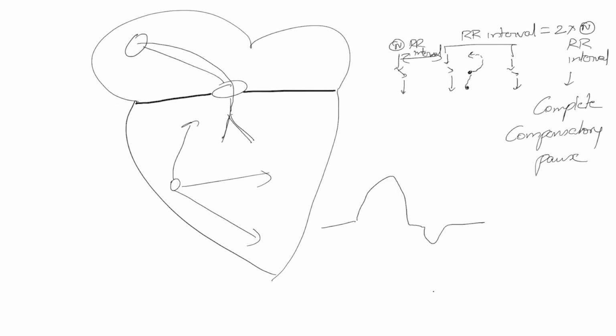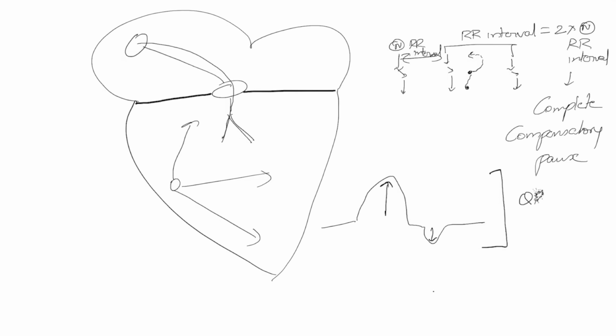Now, one thing we've talked about in the past is that usually the QRS and T waves are in the same direction. However, when a beat originates from the ventricle, one thing to keep in mind is that if the deflection of the QRS is upwards, then the ST segment may be depressed and the T waves may be inverted. So, in other words, the QRS complex and what follows it are discordant.